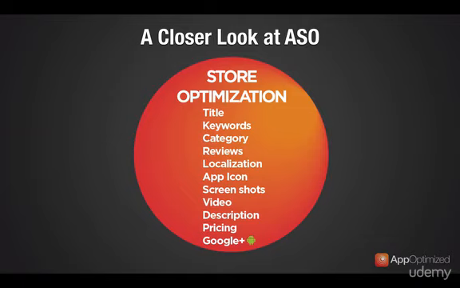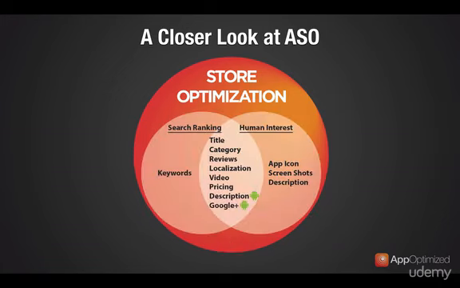Again, in the previous video, you saw that for App Store optimization, there are all these different elements that you can tweak and adjust to improve your ranking or visibility in the App Store. Here's a quick list of them. Within the App Store, there are two subcategories, as I mentioned, search ranking and human interest, and each of these elements falls under these two categories.